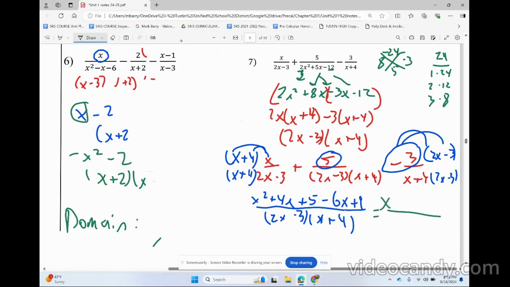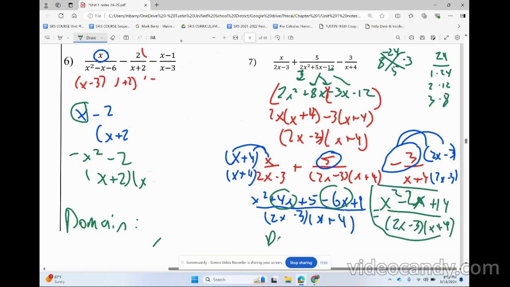X squared. And then we have 4x and -6x, so that's -2x. And then plus 5 and plus 9 makes plus 14. And then the bottom will still just be that 2x minus 3, x plus 4. So that would be my answer here.